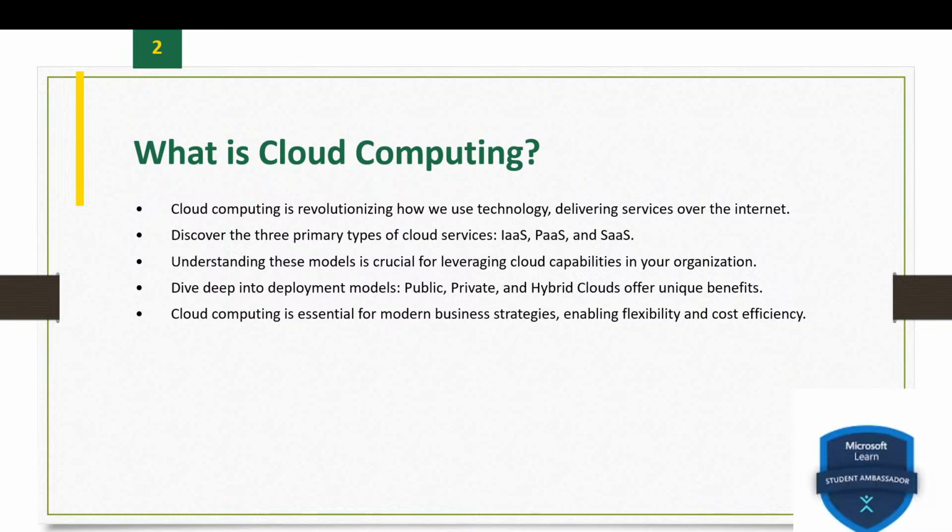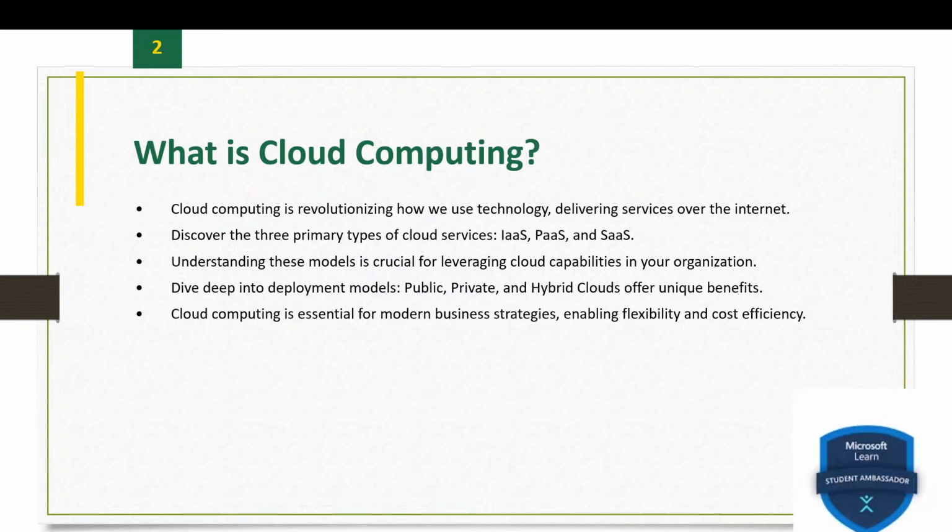And types of cloud computing. In this, first one is infrastructure as a service, IaaS. It provides virtualized computing resources over the internet. Users can rent virtual machines, storage, and networks, giving them control over the operating system and applications.